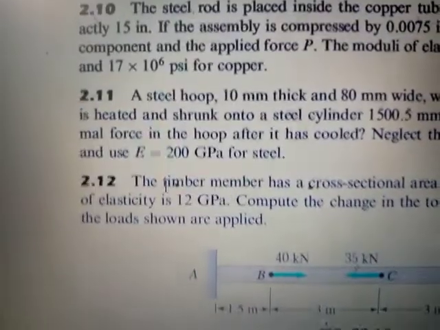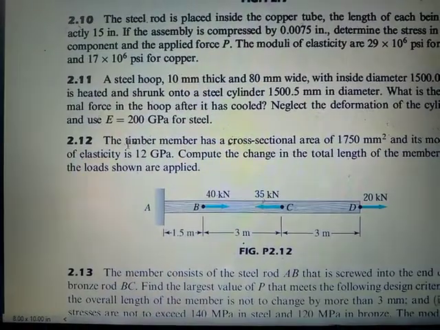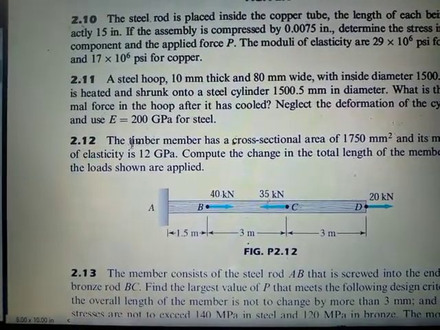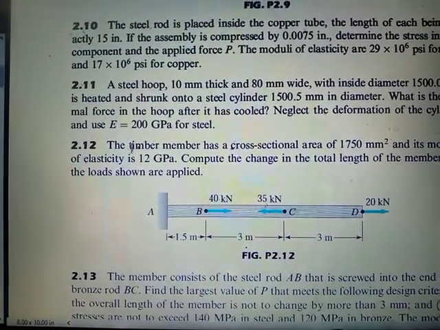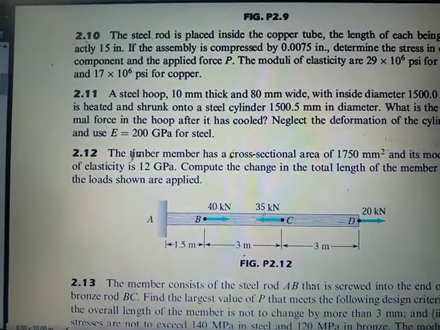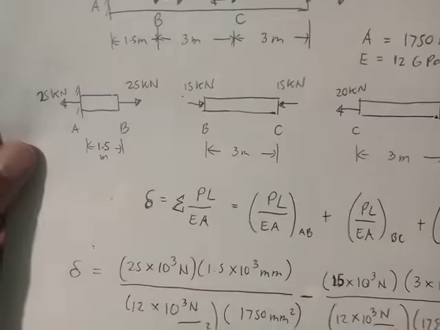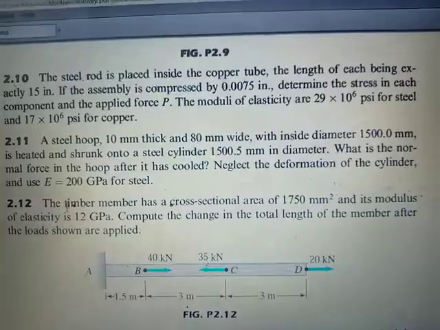In order that 12 gigapascal is converted into Newton per mm squared, you just multiply it by 1000, or 10 to the power of 3, over the area. The area is uniform, 1750 mm squared.